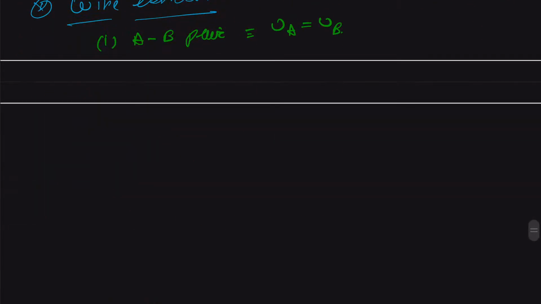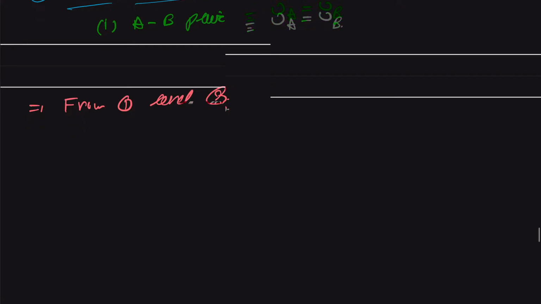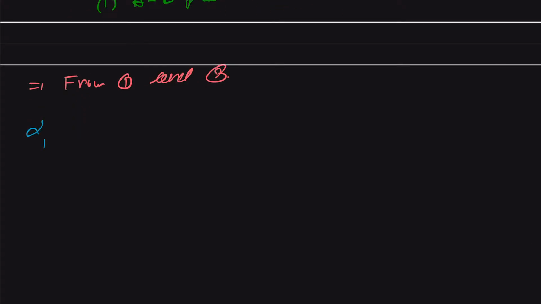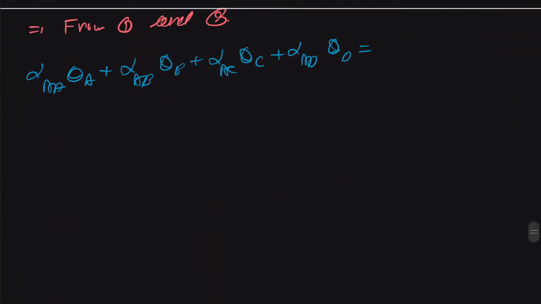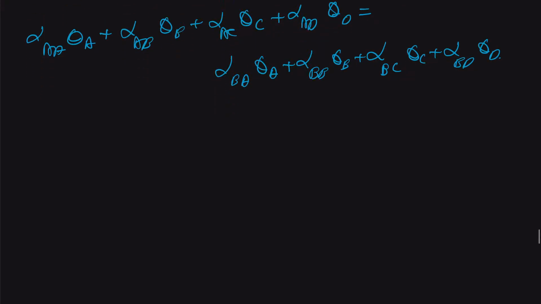So from 1 and 2 we can write that alpha AA QA plus alpha AB QB plus alpha AC QC plus alpha AD QD will be equal to alpha BA QA plus alpha BB QB plus alpha BC QC plus alpha BD QD.